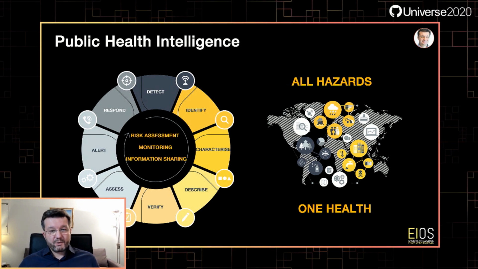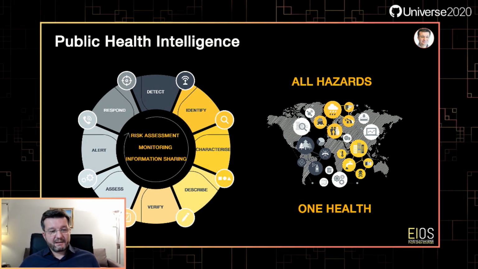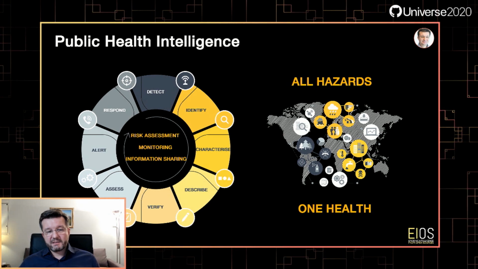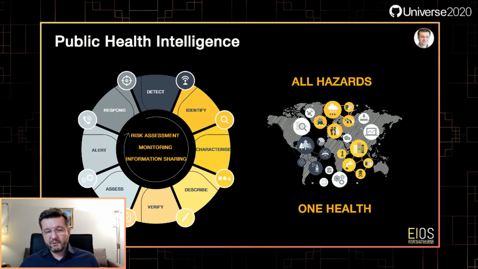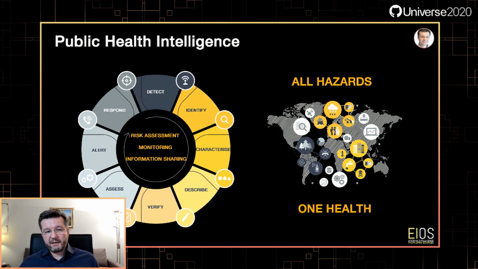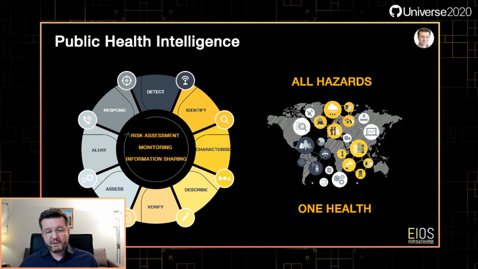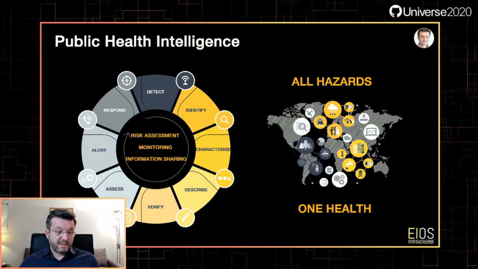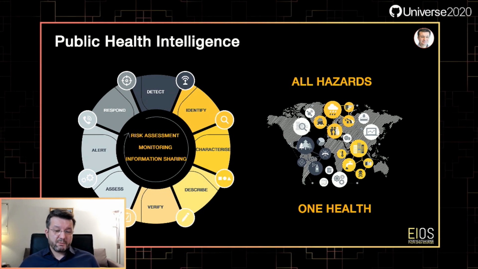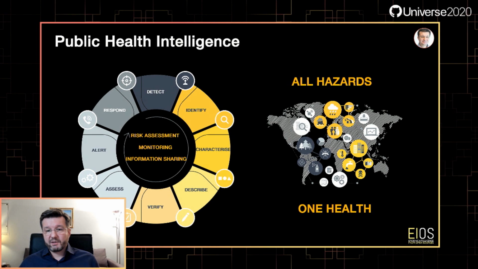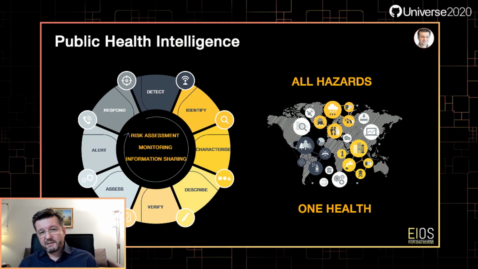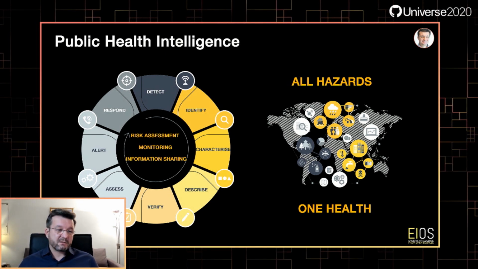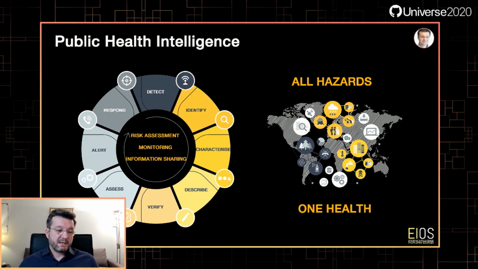Therefore, we do not just detect and monitor events that relate directly to human health. We also monitor and detect events related to animal and environmental health. On the other hand, we monitor not only disease occurrences in humans, but also hazards that have the potential to cause health problems, such as natural disasters, man-made disasters, conflicts, and mass gatherings.